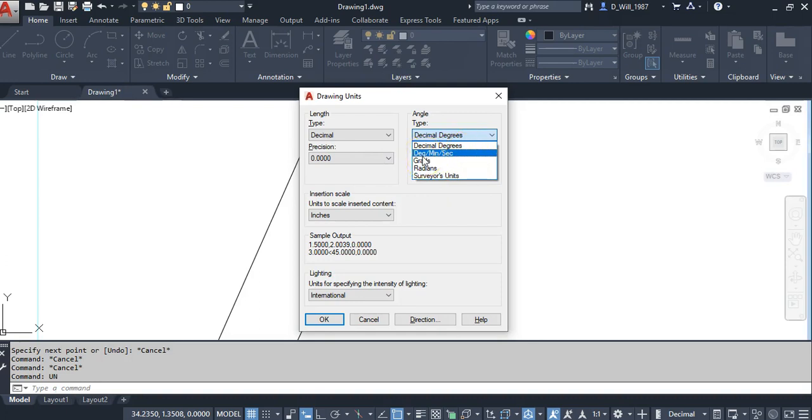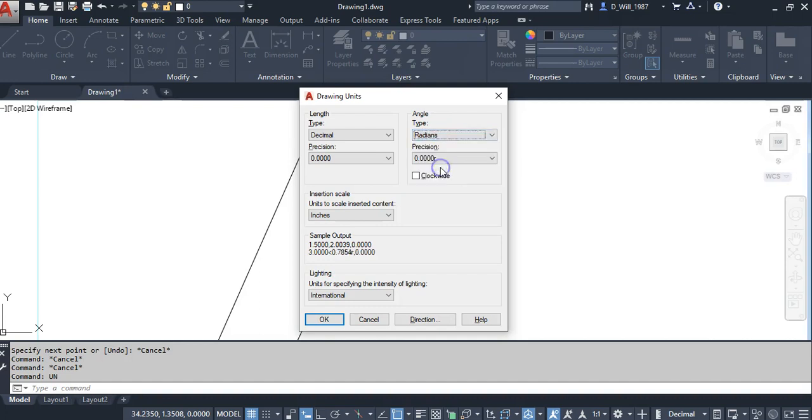Degrees, minutes, and seconds. 1 degree, we all know what a degree is. Well, if you weren't aware of this, in mapping and civil engineering and surveying, degrees are broken into minutes, not decimal fractions. And minutes are broken into seconds. So degrees, 360 in a circle, minutes, 60 minutes to a degree, seconds, 60 seconds to a minute.